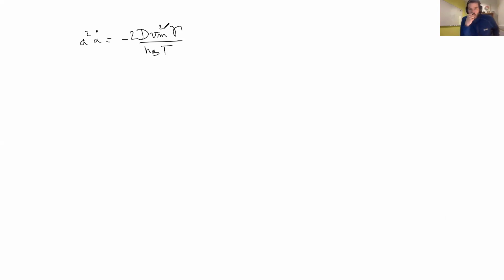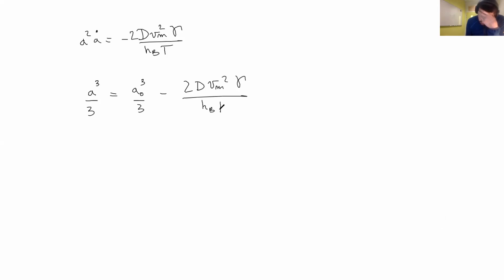That's it. So I can integrate that with respect to time. It says that A cubed over 3 is equal to an origin at t equals 0 minus 2D gamma over kBT times time.